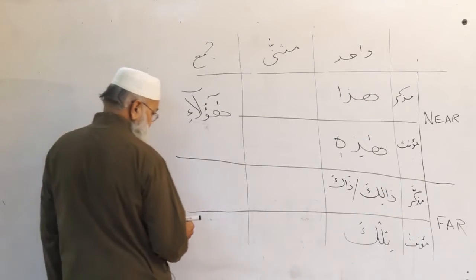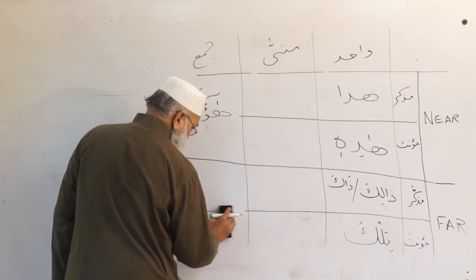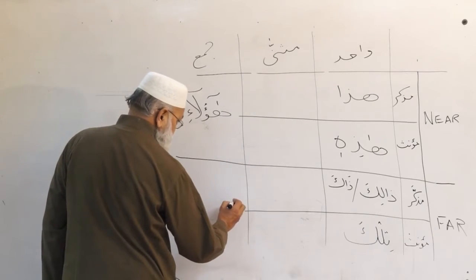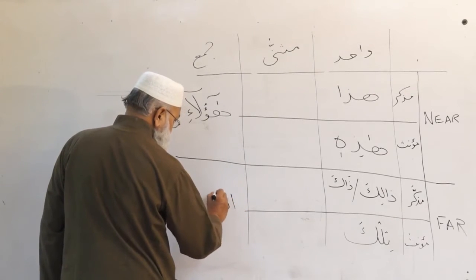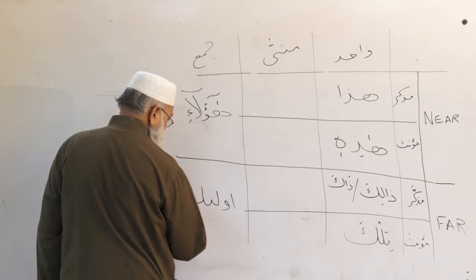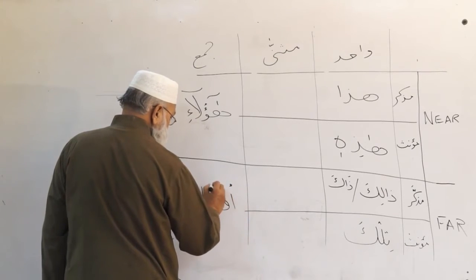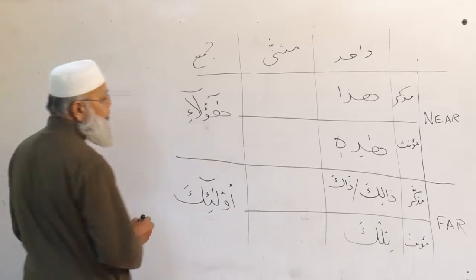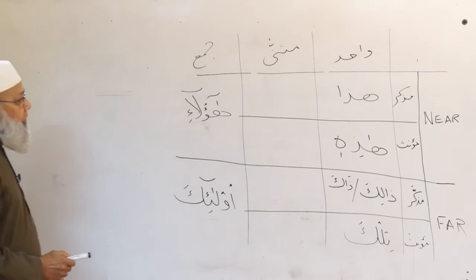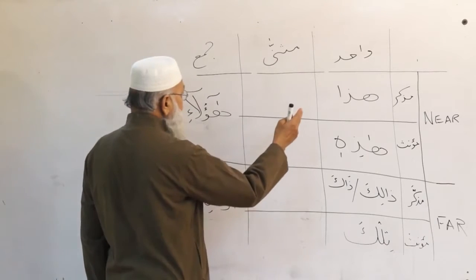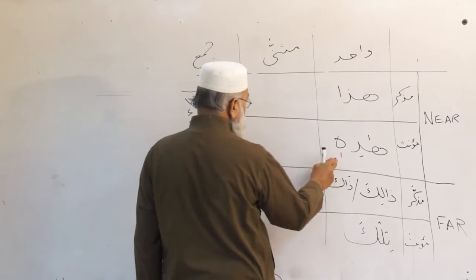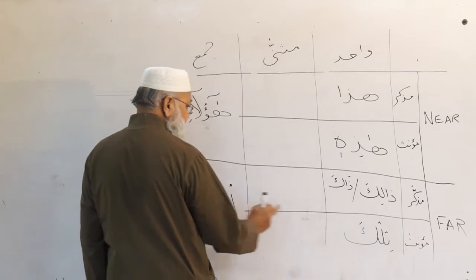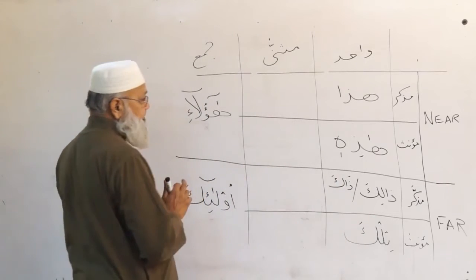And likewise, ulaika. So, hada, haulai, hadihi, haulai, zalika, ulaika, tilka, ulaika.